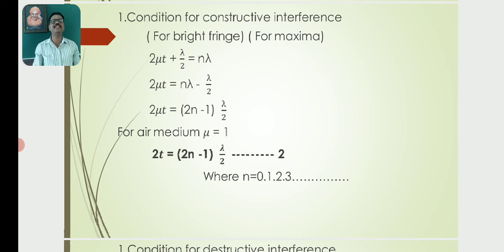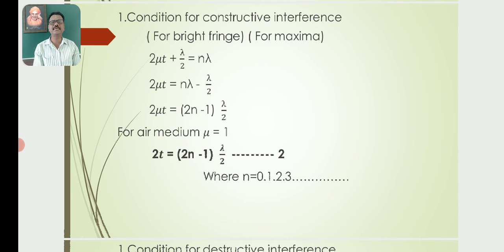The condition for constructive interference, for a bright fringe, for maxima: 2 mu t plus lambda by 2 is equal to n lambda. Then 2 mu t is equal to n lambda minus lambda by 2, so 2 mu t is equal to (2n minus 1) lambda by 2. For the air medium, mu is equal to 1.